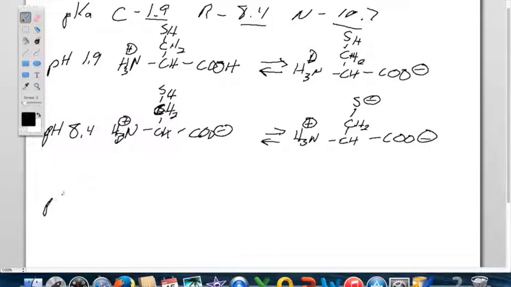And finally, let's look at what we have when the pH is equal to 10.7, which is the pKa for our amino group.